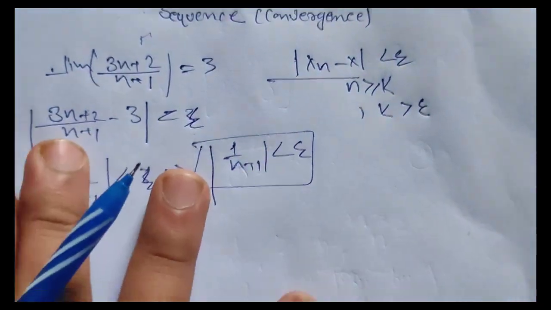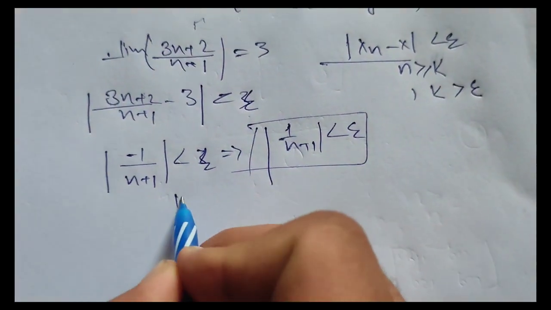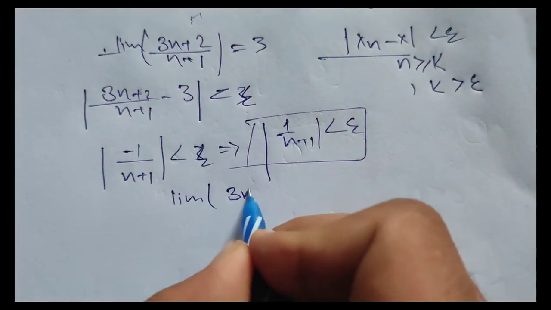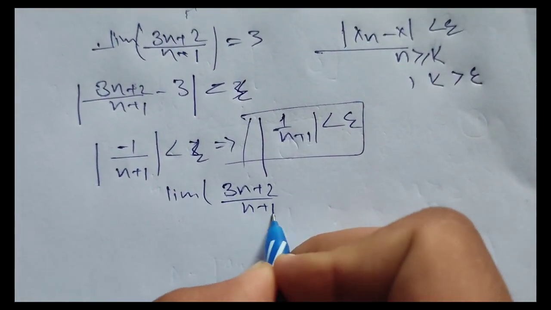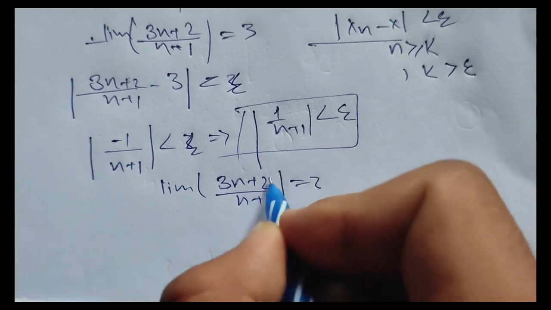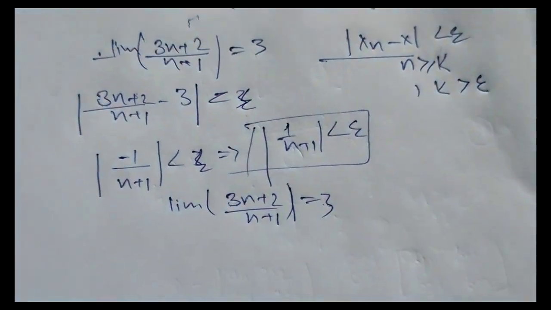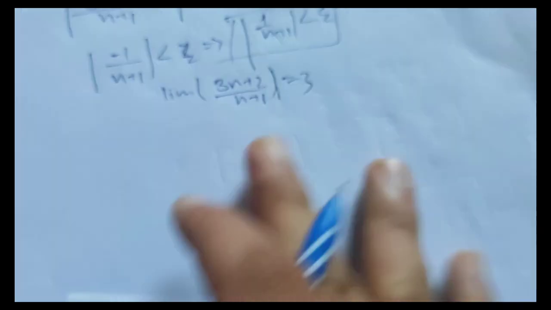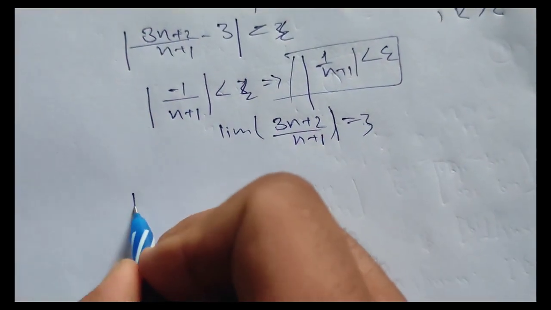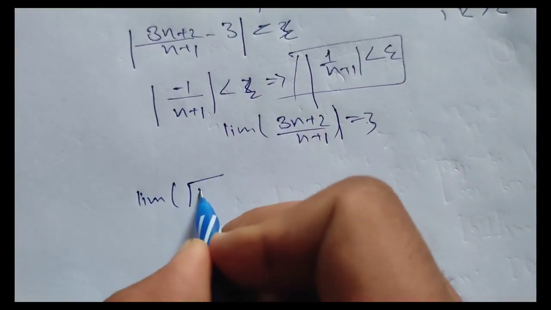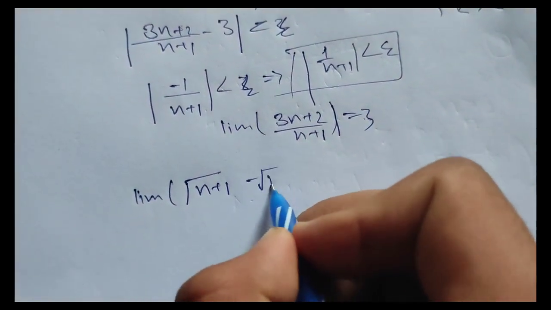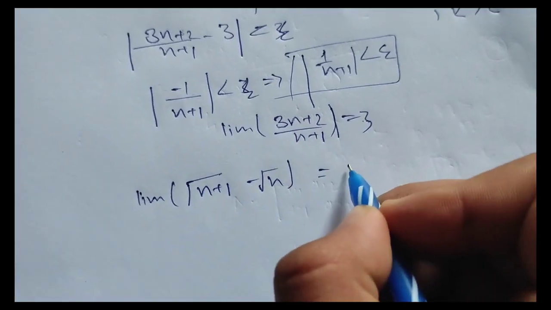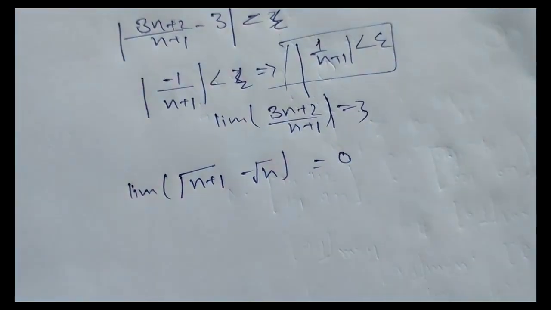So if it is true, we can say that the limit of (3n + 2)/(n + 1) is equal to 3. That was true. Now the second question is a great question. We prove that the limit of root(n + 1) minus root n is 0.